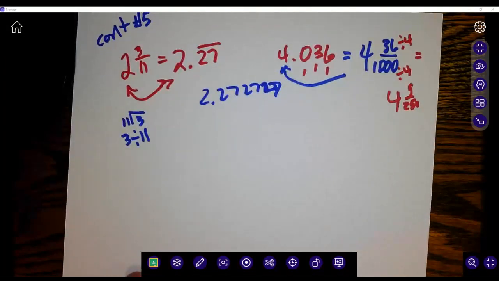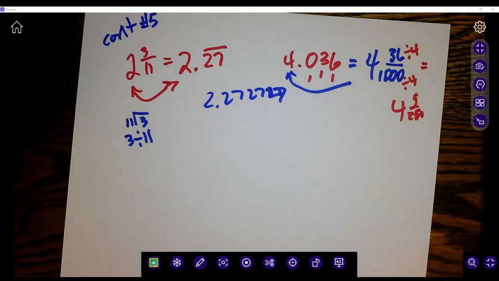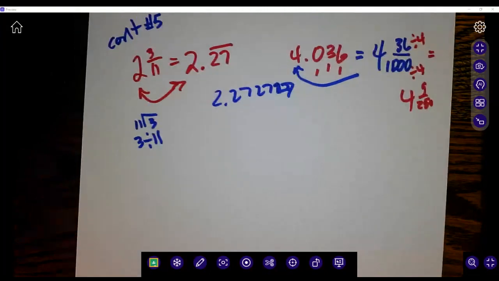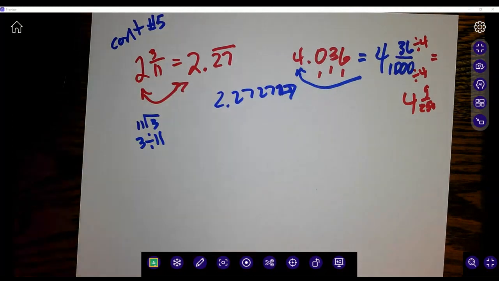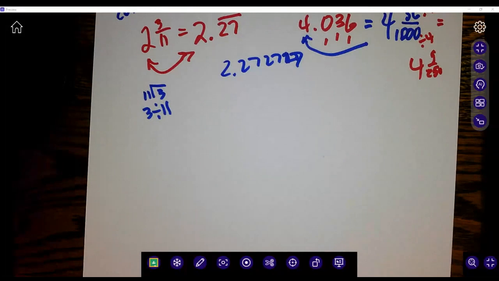Okay. So if it doesn't tell you to round, then you ought to put the bar over the repeating part. If it does tell you to round, then round to whatever it tells you in the problem to round to.